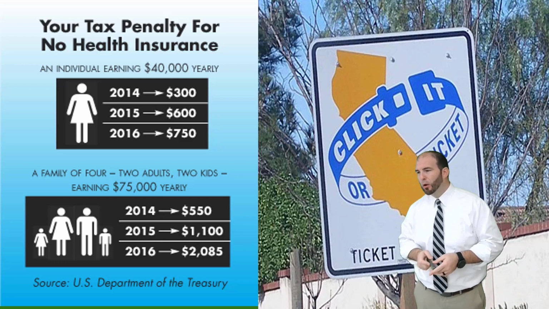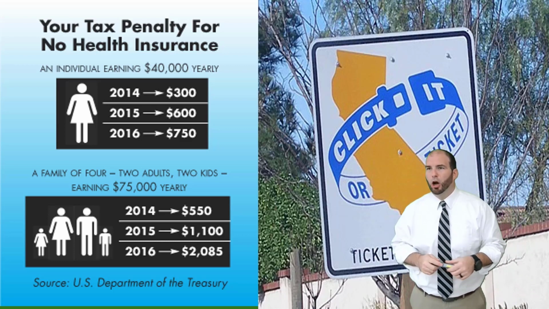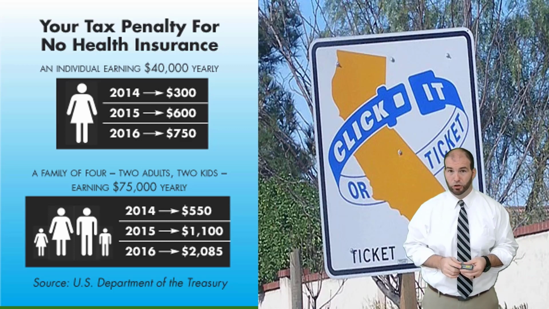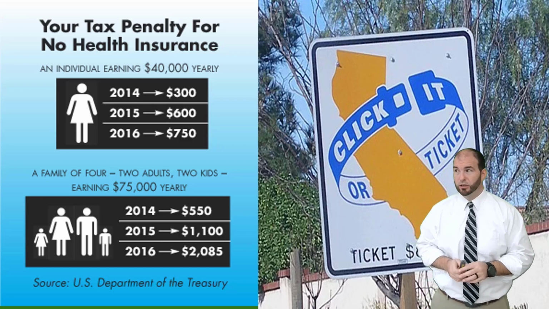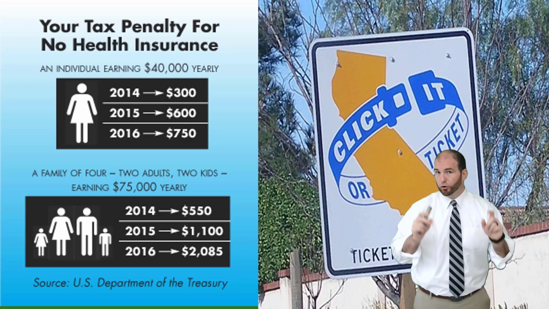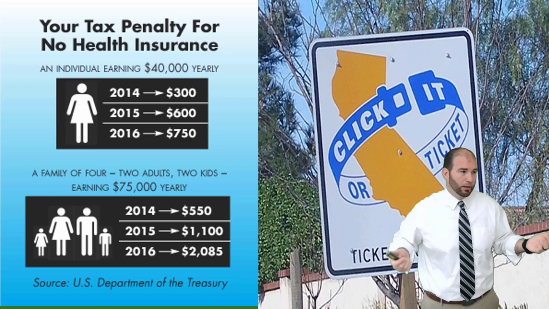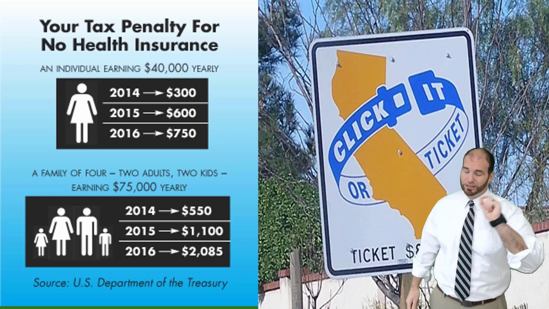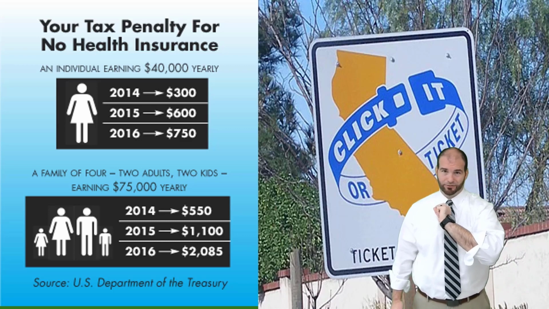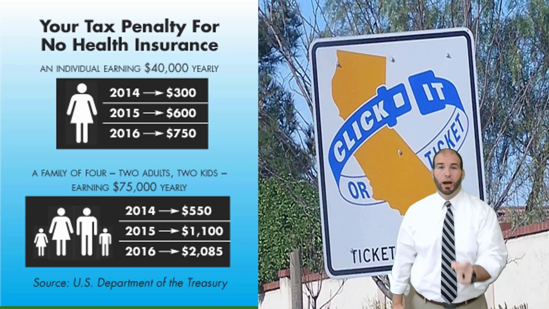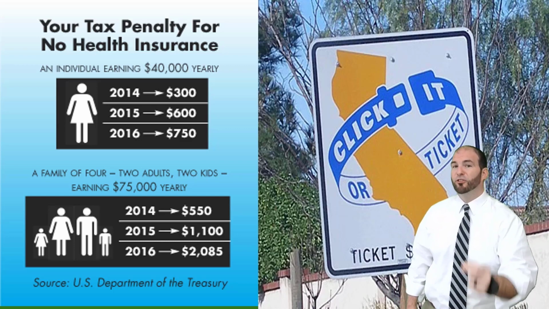So they passed a law called the Affordable Care Act. However, they weren't going to come arrest you and put you in jail if you didn't buy health insurance. It wasn't illegal to not buy health insurance. So people might say, well, cool, I'm just not going to buy health insurance. However, there was a very clear negative incentive. If you did not buy health insurance, you got fined every year when you filed your taxes.